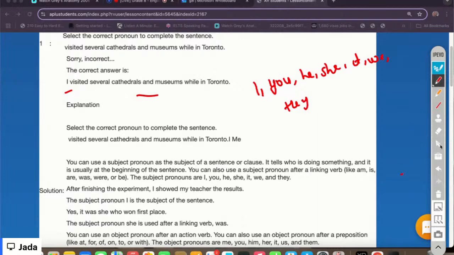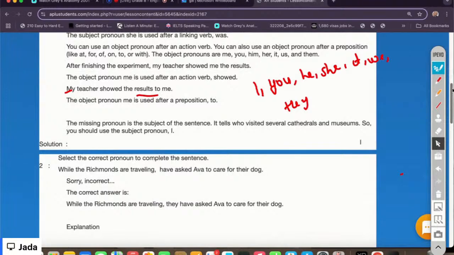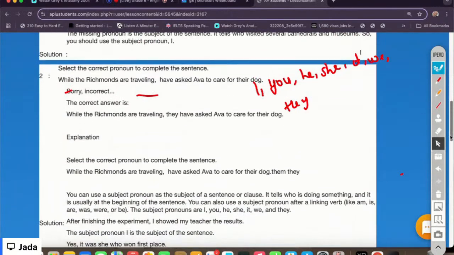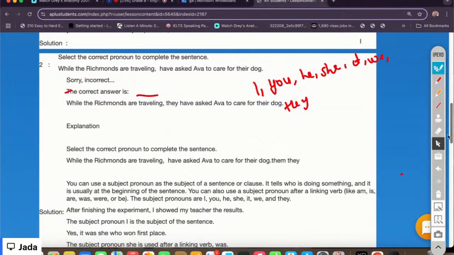So we have, while the Richmonds are traveling, dash have asked Ava to care for their dog.